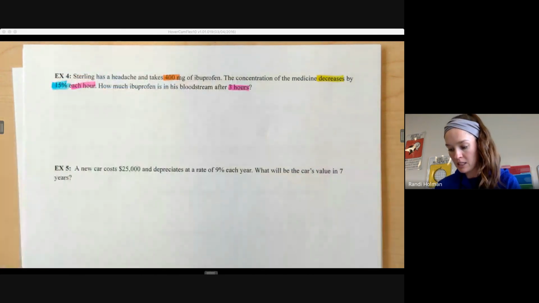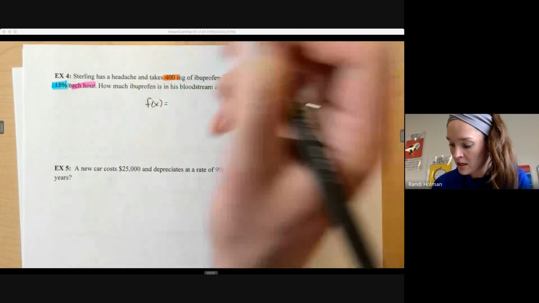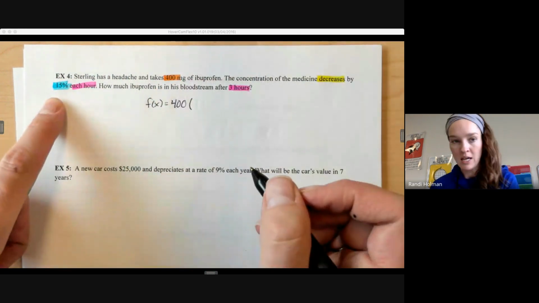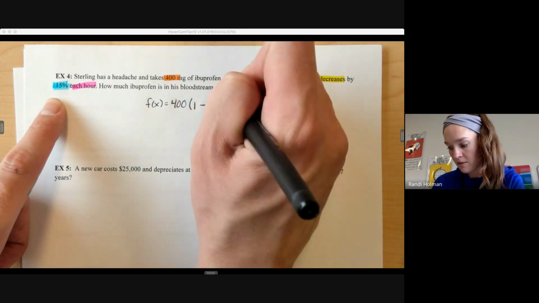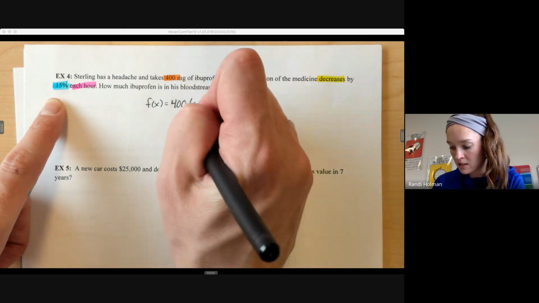Okay, so let's see if we can put together an equation here. We have f(x) equals our starting amount, so 400 milligrams times 15% taken away from 100. It's decreasing by 15% to the x. So 1 minus 0.15 is 0.85.